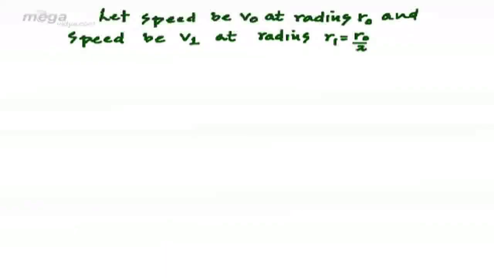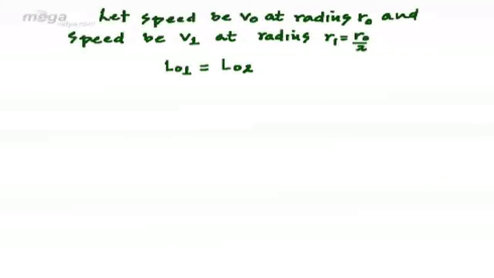Let the speed be v0 at radius R0 and v1 at radius R1, where R1 is equal to R0/2. Since the angular momentum is conserved, for both conditions the angular momentum will be equal.